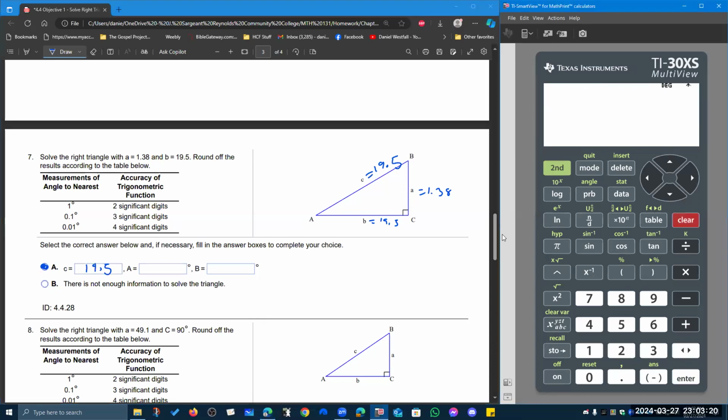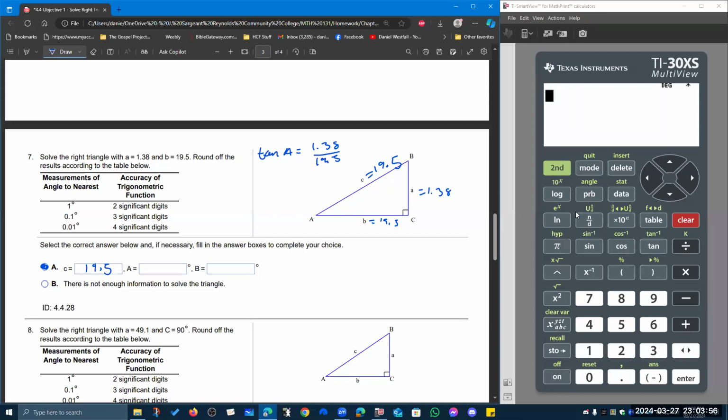So let's find angle A here, given by tangent of angle A is equal to 1.38 divided by 19.5.